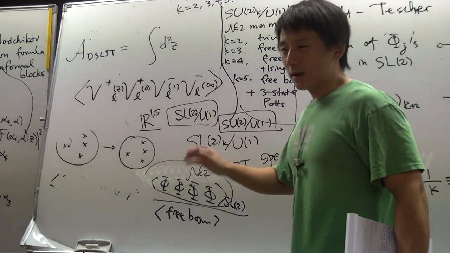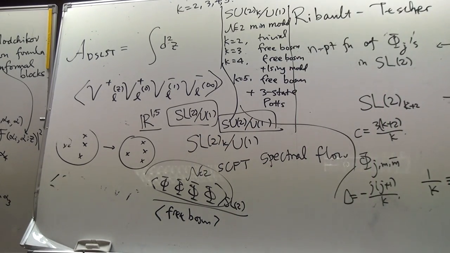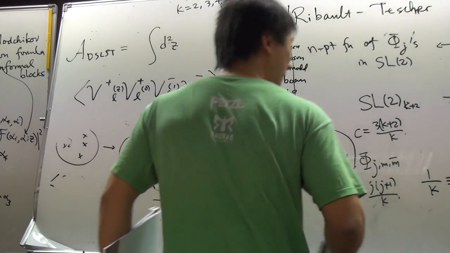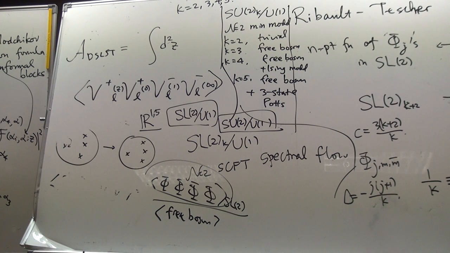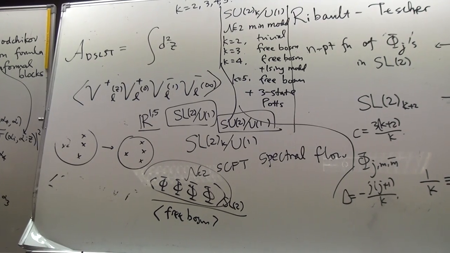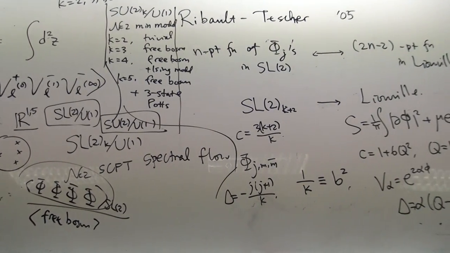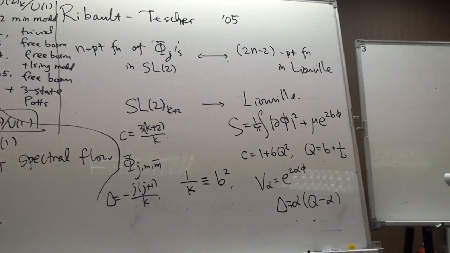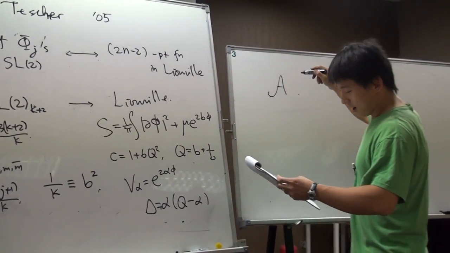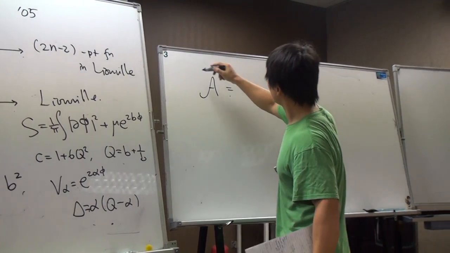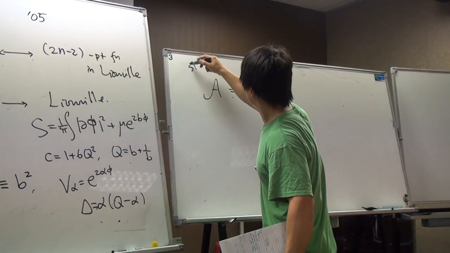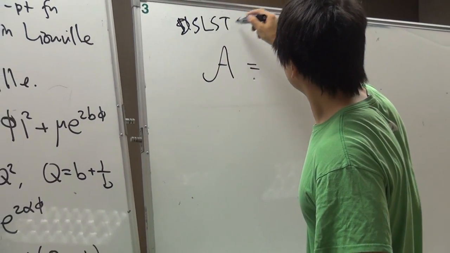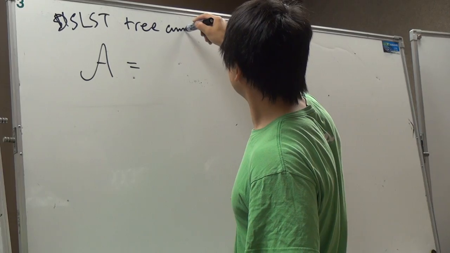What does this tell us about the six-dimensional gauge theory? The amplitude is a string tree-level, double-scaled little string theory amplitude.